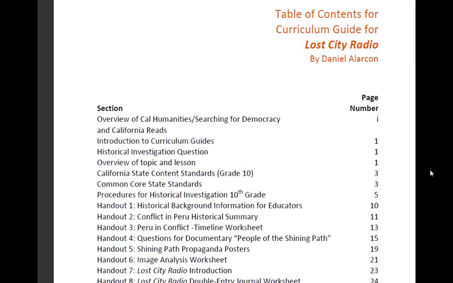Okay, so what you can see is the table of contents, which you'll find on the first page of every unit. And so like I just went through all of the components of the curriculum guide, you'll find that repeated on the table of contents. The only thing that I want to point you to is underneath the procedures, we've tried to do a pretty good job of describing each of the handouts, and especially with Lost City Radio and a little bit with Paradise Built in Hell and Farewell to Manzanar, we wanted the educators to have a little bit more background for themselves.